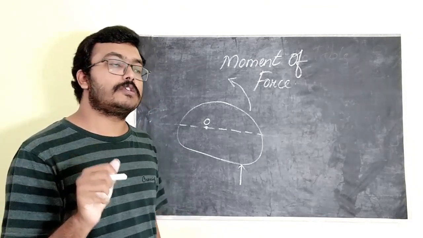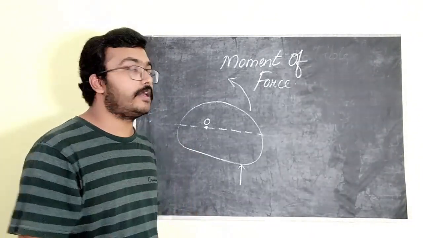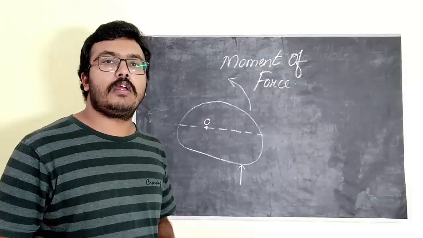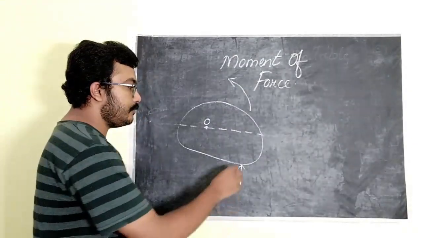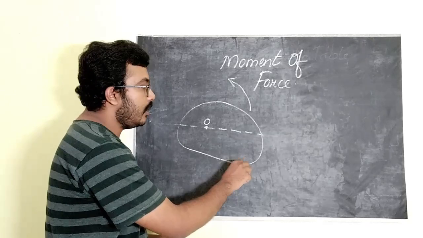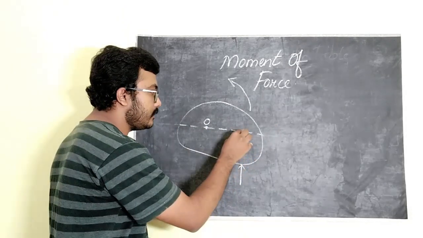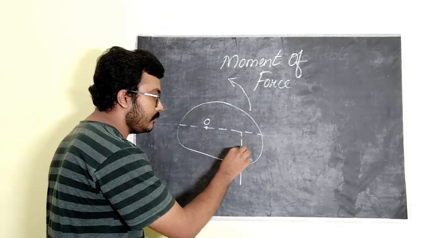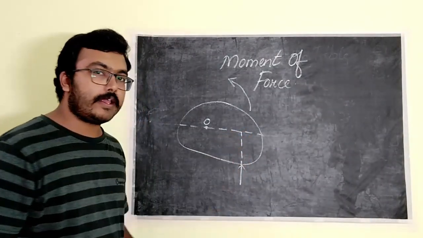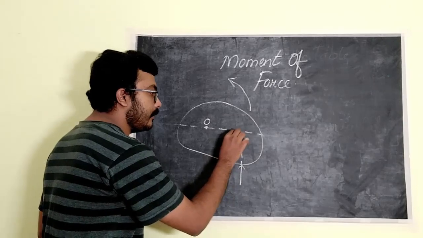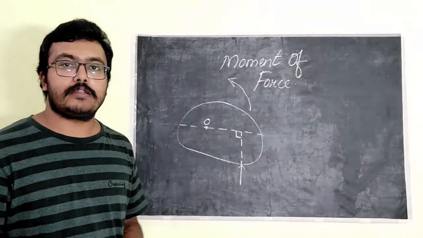So, this force that acts on the body is called moment of force. Now, when I join this point along with this point, along the line, I'll just join the points of force. What I get is a 90 degree angle, right?